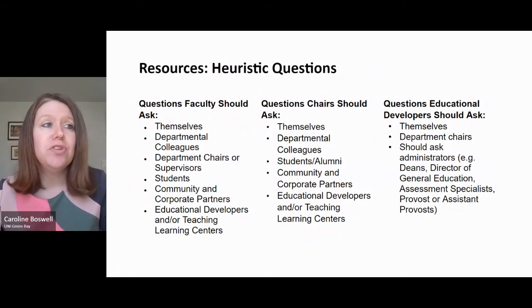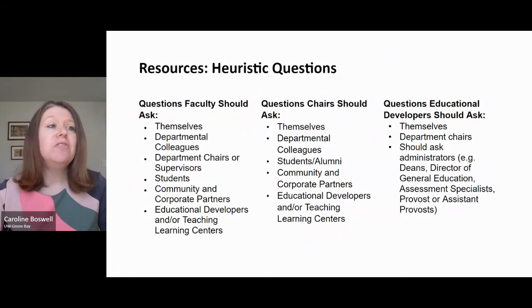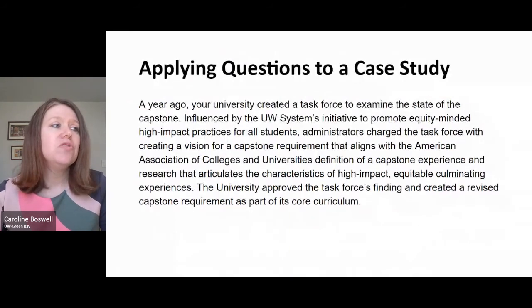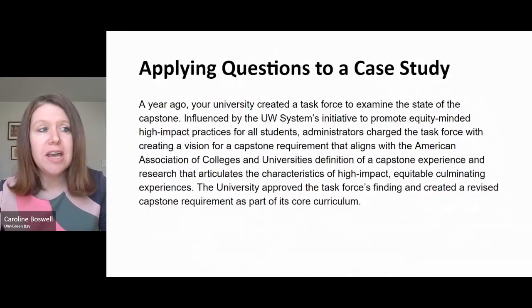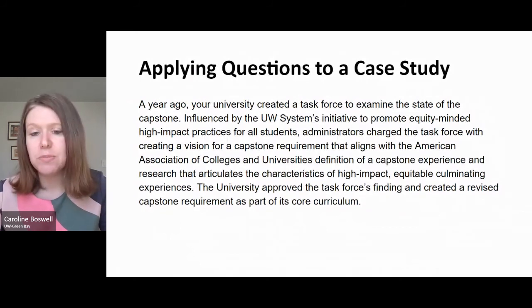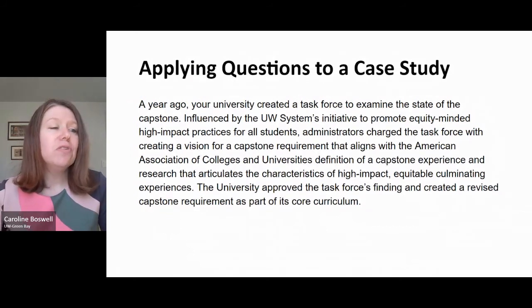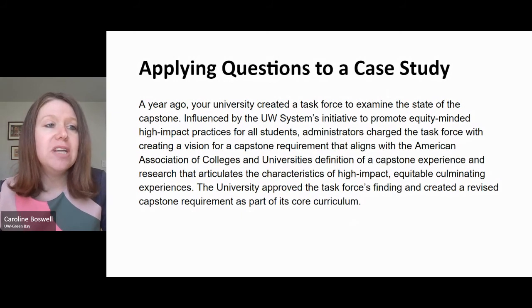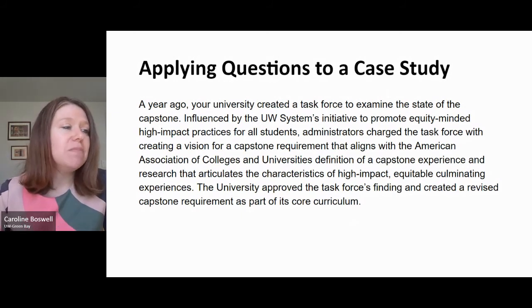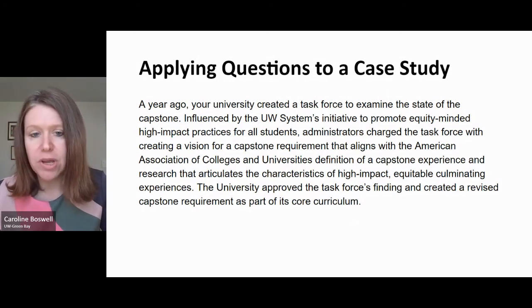Influenced by the UW Systems initiative to promote equity-minded high-impact practices for all students, administrators charged the task force with creating a vision for the capstone requirement that aligns with the American Association of Colleges and Universities definition of a capstone experience, and the research that articulates the characteristics of high-impact, equitable, culminating experiences. The university approved the task force findings and created a revised capstone requirement as part of its core curriculum.